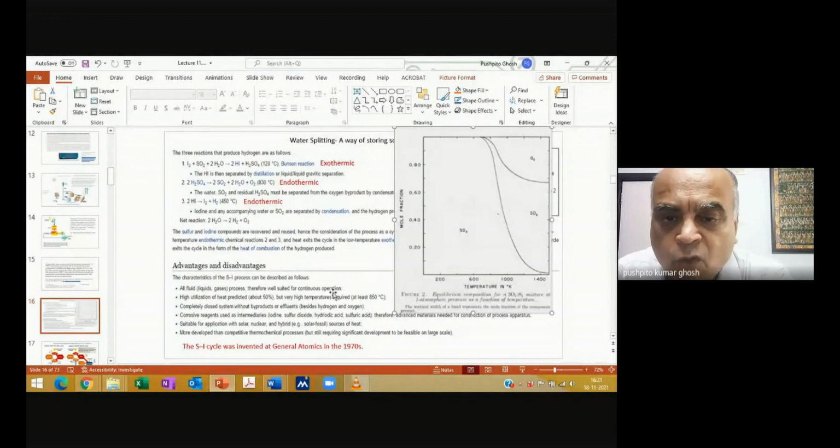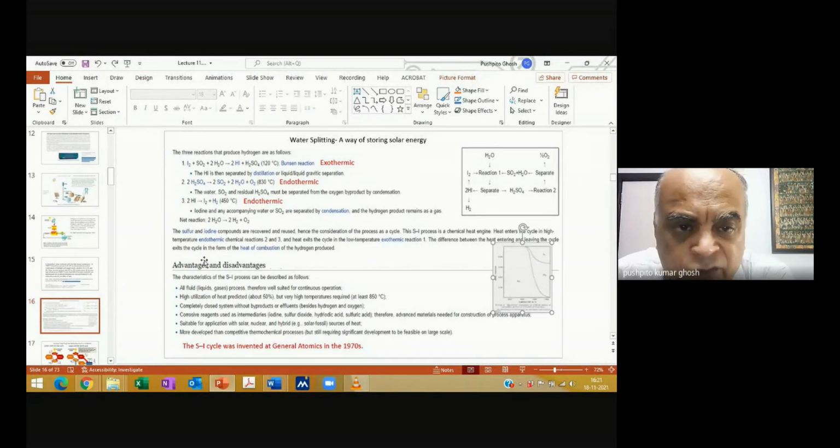So what these people have done is, and the reverse is known, that if I take sulfuric acid and spray it in an oven at a very high temperature, something like 800 degrees centigrade, it will decompose to form SO2 and O2 plus water, right?